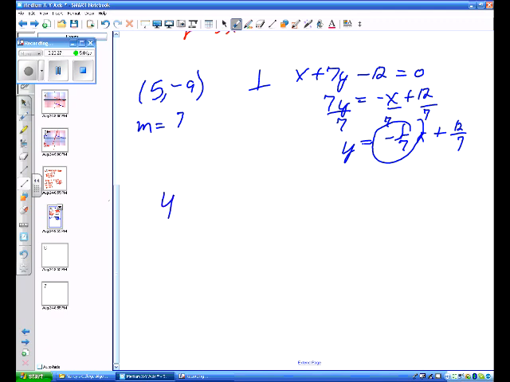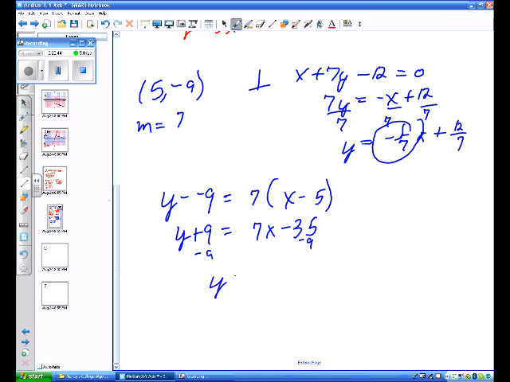So we have y minus the given y is equal to the slope times x minus the given x. Y plus 9 equals 7x minus 35. Then subtracting 9, we have y equals 7x minus 44.